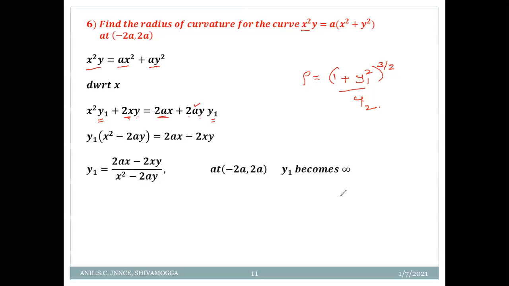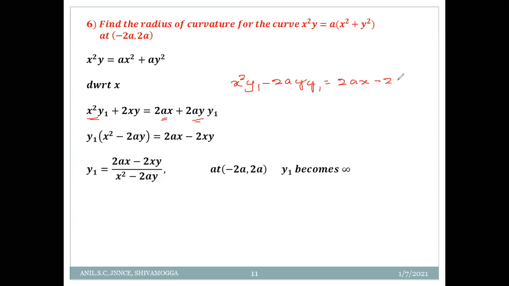Now transform all the terms which include y1 to left hand side and the other terms to right hand side. What you get here is x square into y1. This is first term on left hand side. Transform this term to LHS. You get a minus 2ay y1 is equal to 2ax. Now transform this term to RHS, minus 2xy. Here take y1 as common factor.